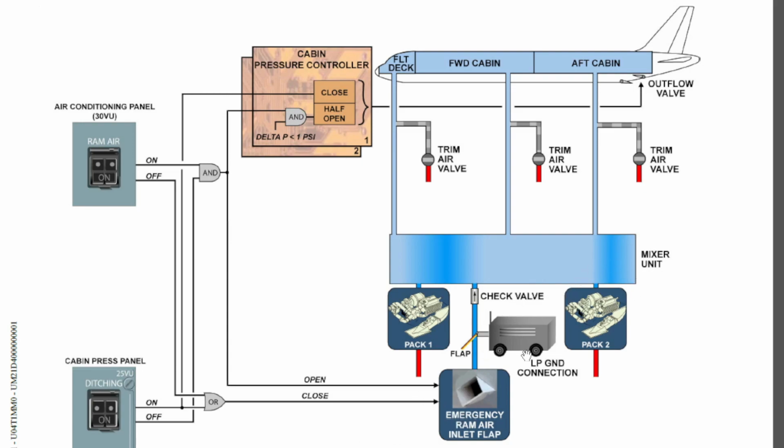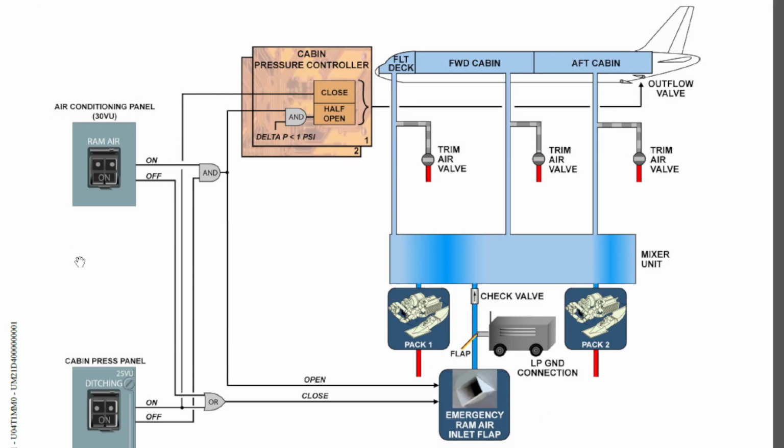So this check valve will be kept in the close position until these two pressures are equalized or cabin pressure goes below the outside pressure. To ensure that outside air can come in, the aircraft will have to descend to an altitude below 10,000 feet.